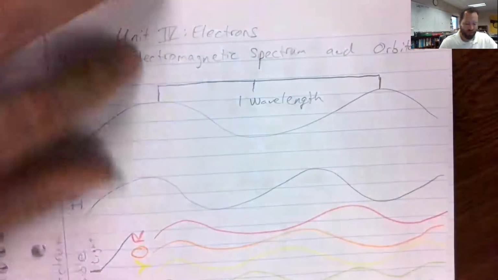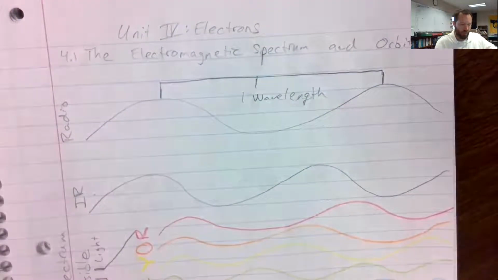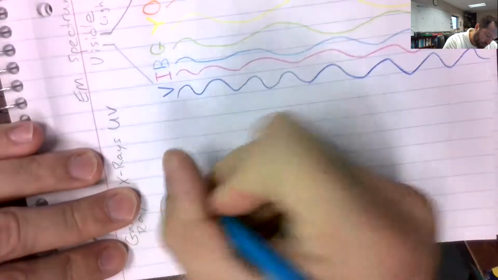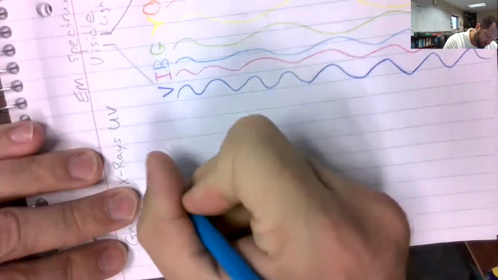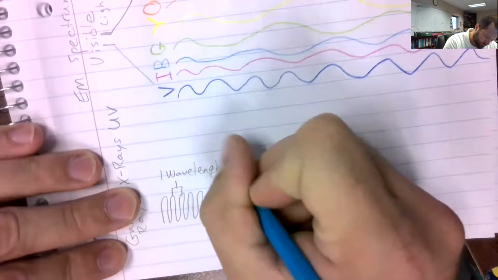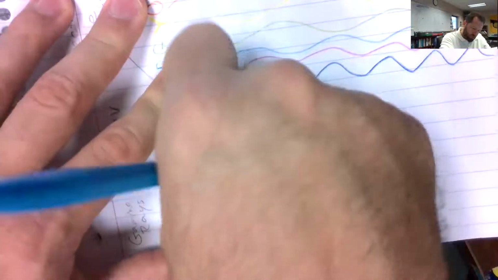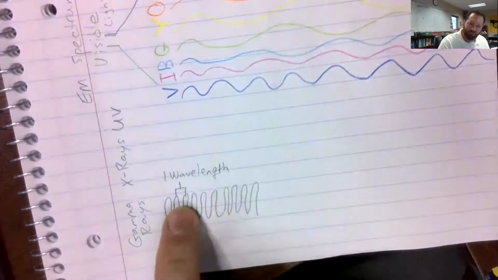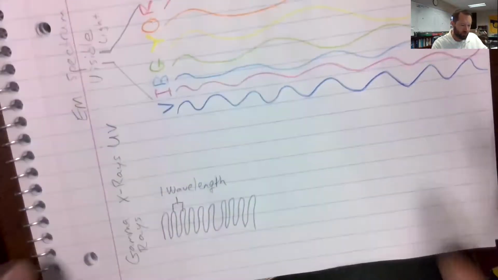So there's one wavelength. Pretty big. We go down to the bottom, and you can see our wavelength is much, much smaller. So there's one wavelength down below, much, much smaller.